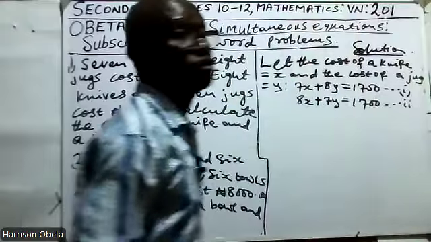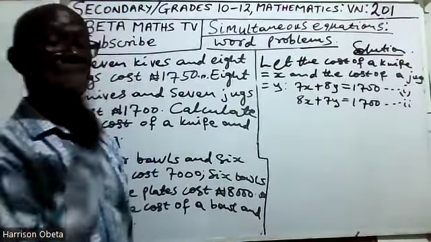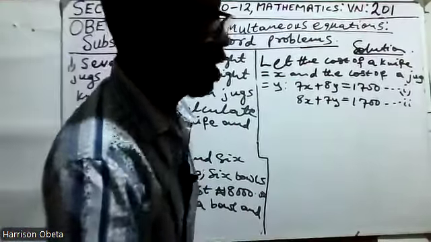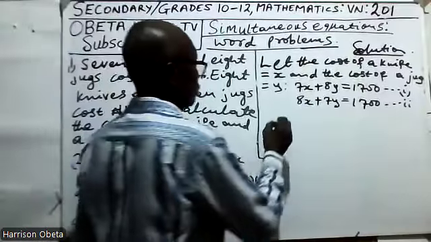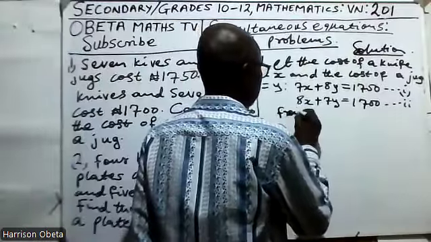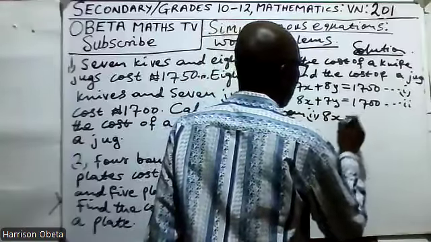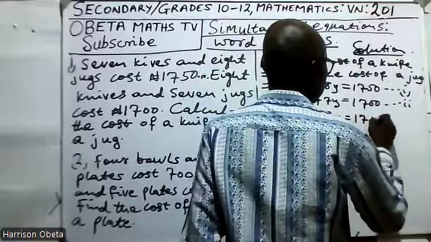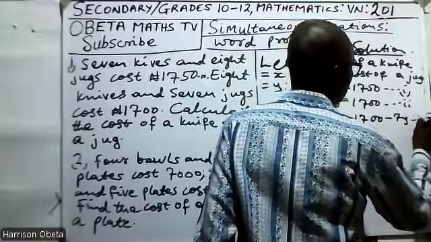So let us now use the substitution method by picking equation 2. You can also pick equation 1, but I want to use equation 2. So from 2, 8x is equal to 1,700 minus 7y.